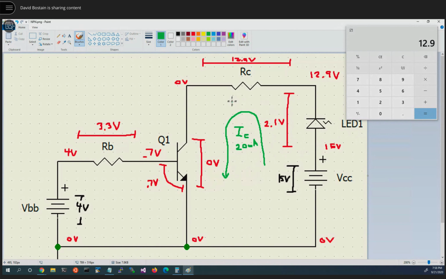So we actually know enough to compute this resistor on this side right now. We have 12.9 volts divided by 20 milliamps, which is 645 ohms.